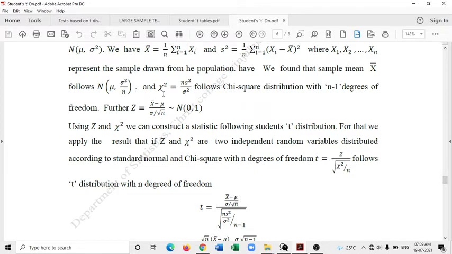Further, we have chi-square equal to n s square by sigma square, which follows chi-square distribution with n minus 1 degrees of freedom, where s square is the variance of a sample taken from a normally distributed population.